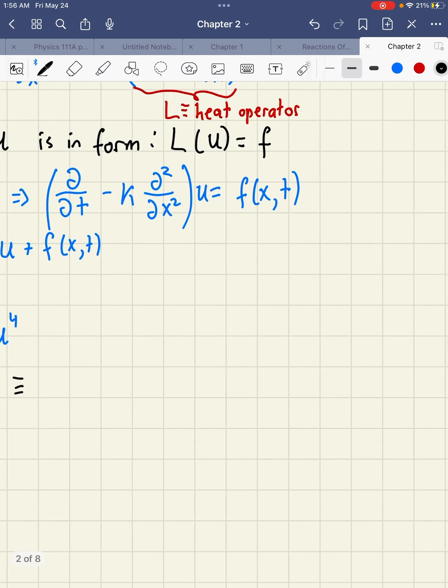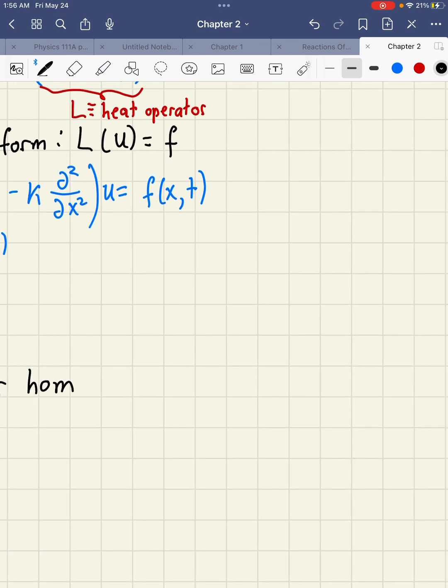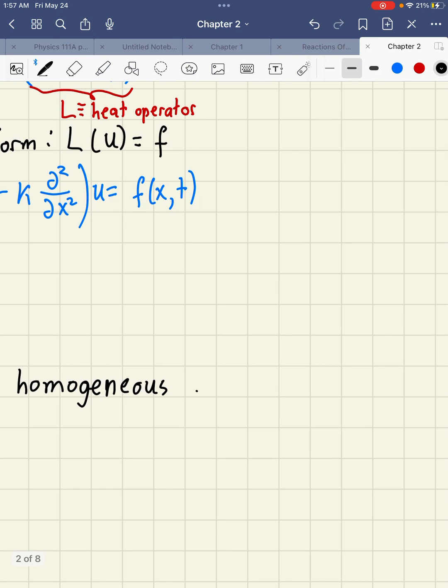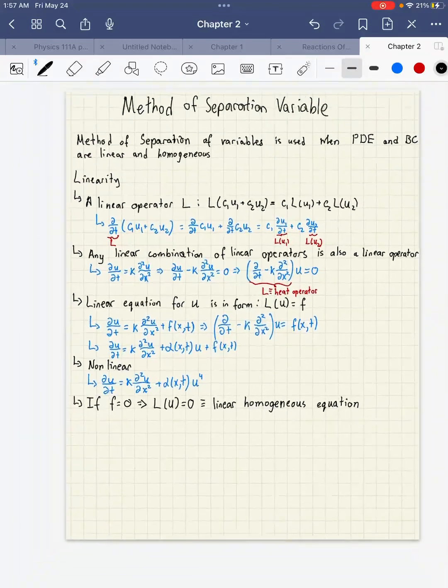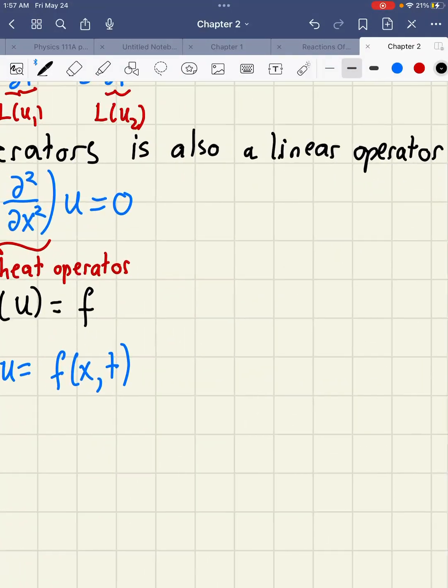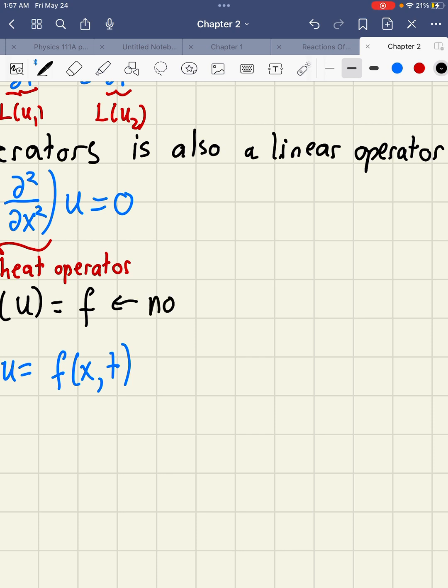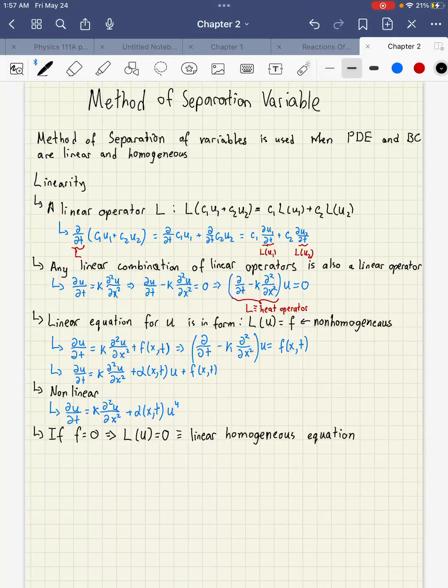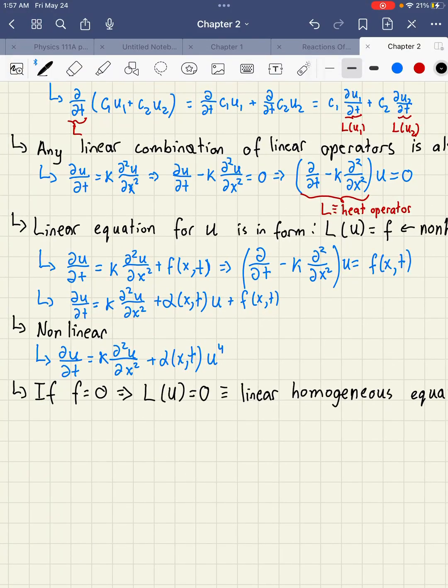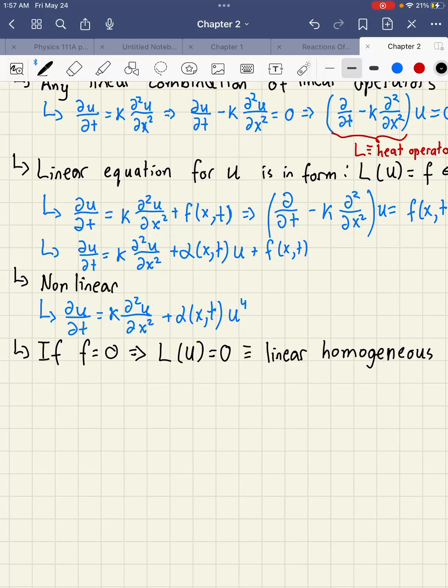Otherwise, for example this one right here, it is non-homogeneous. Also, for our method of separation of variables, it's applicable to use the principle of superposition.